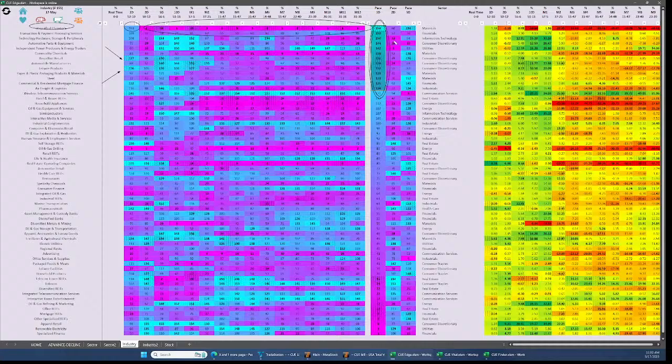Now it is strengthening with acceleration, like commodity chemicals. Isn't it interesting? Diversified chemicals, commodity chemicals, both are accelerating. When similar industries come together, then we have even more confidence to take trades in them.